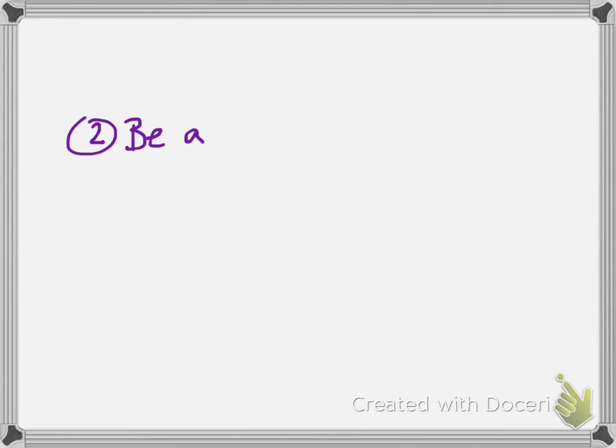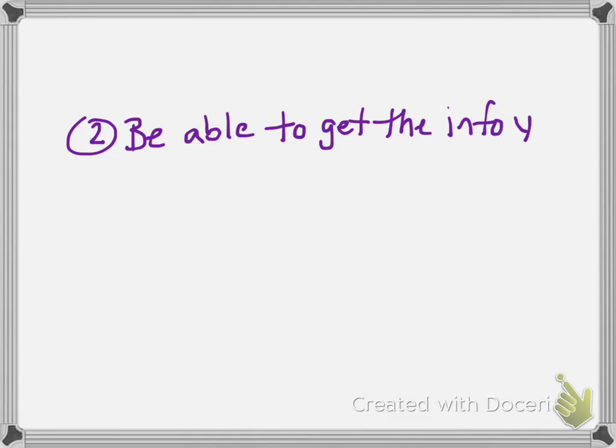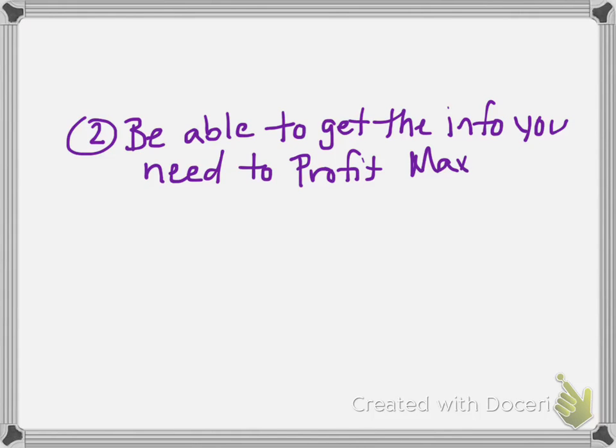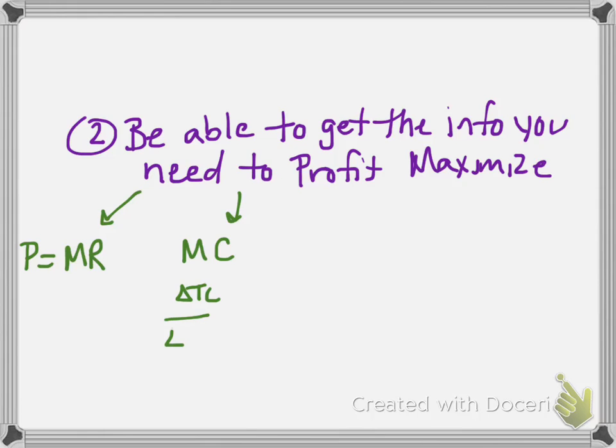The other thing that I would give you advice on is that a big part of this test is being able to get the information into the format that you need. You might know how to profit maximize and find marginal revenue, marginal cost, but you're not always given marginal revenue and marginal cost. So you need to know if you're given price that actually is marginal revenue.